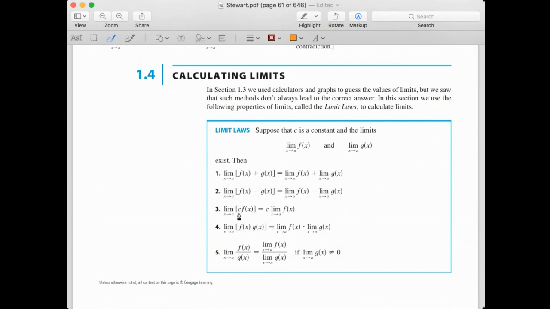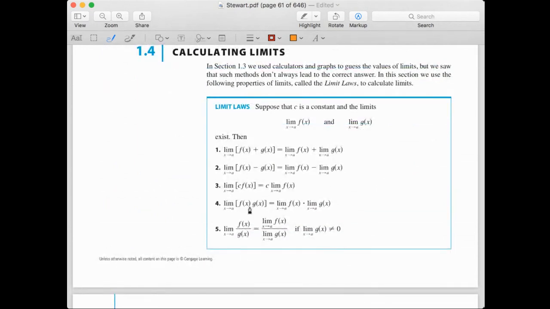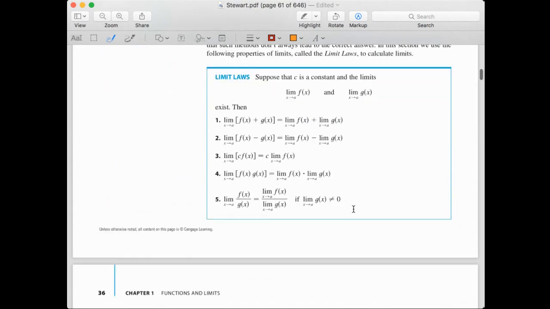If a function has a scalar c, this c represents a real number, and we can factor out this c. The limit of the multiplication of two functions equals the multiplication of the two limits. The limit of a quotient is the same thing: the quotient of the two limits.